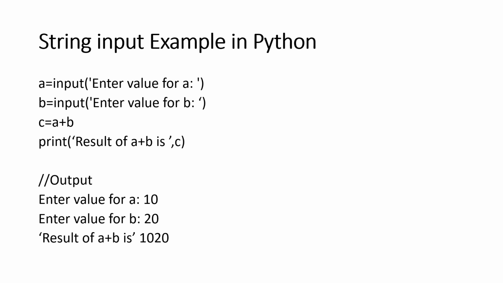It will just place the numbers before and after each other, and the answer will be 1020, which is a totally wrong output. So in the next example we will learn to enter int value.